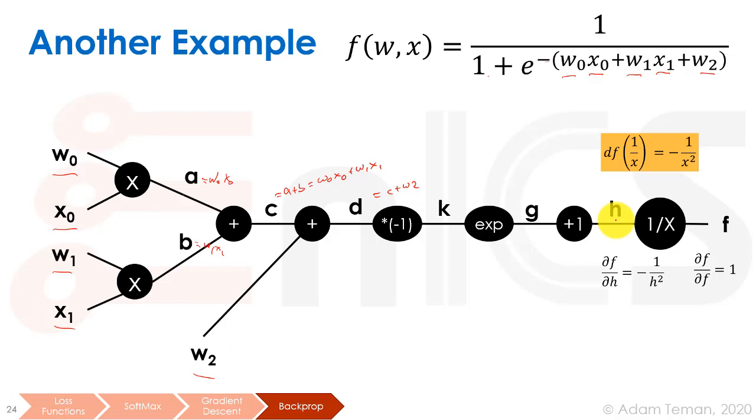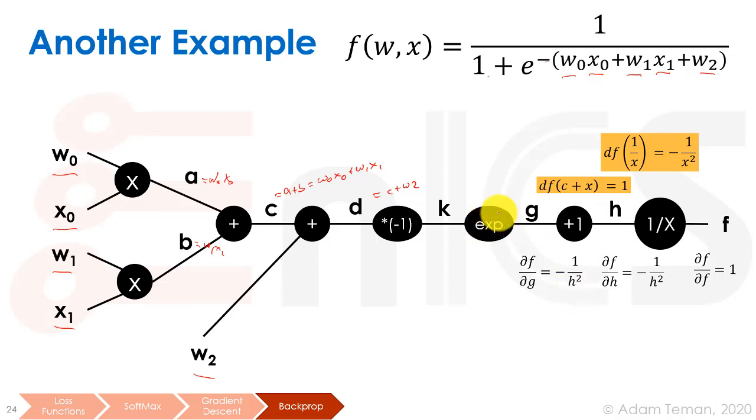Now what is the derivative of c, some sort of constant, plus x, which is c is 1 plus x? It's just going to be 1. So we get df to dg is going to be df to dh times dh to dg. dh to dg is 1, so it's going to stay minus 1 over h squared.